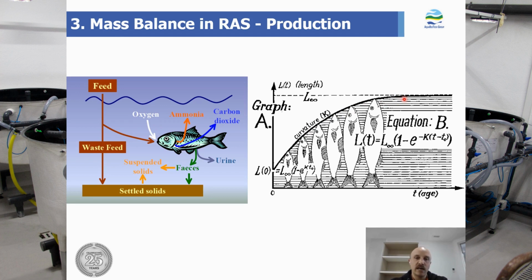It means that when we are planning our production plan for our farm, for example, we should consider at which point we want to harvest our species. Do we really want to harvest our species close to the highest weight, where maybe we need to feed a lot but it's not growing by the same amount, or do we want to harvest our fish, let's say, in between?